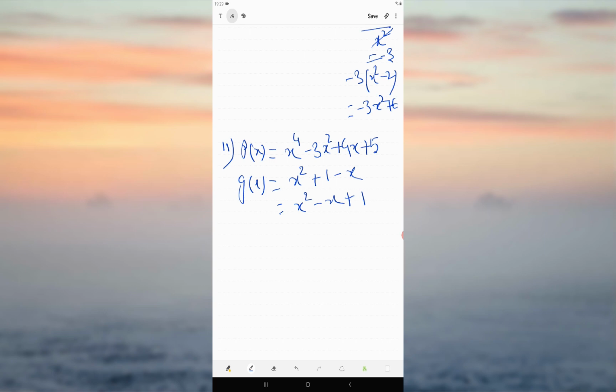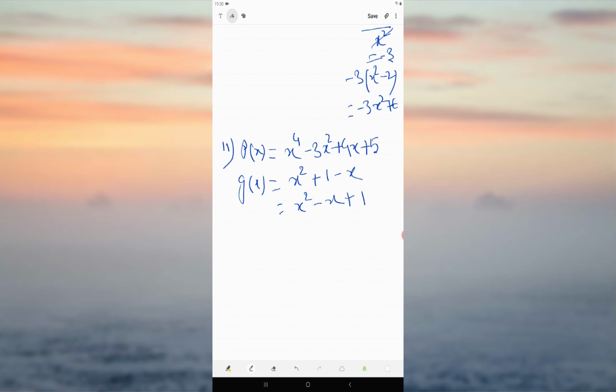Even in p(x), if x to the power 4 is coming at the third or fourth place, it doesn't matter, put it in the first place because x to the power 4 is the highest power, then 3x square, then 4x, then 5. So always write the highest power first and then try to solve it.